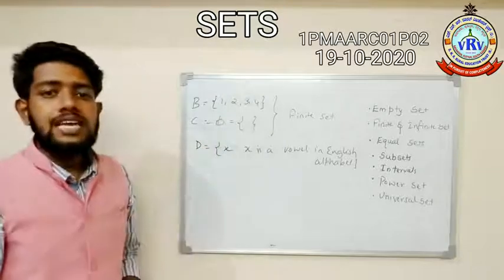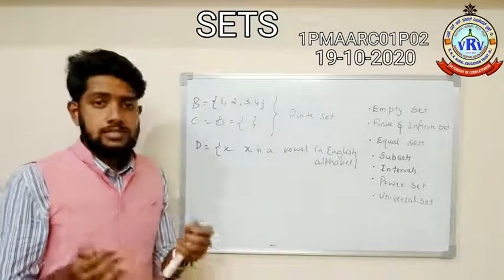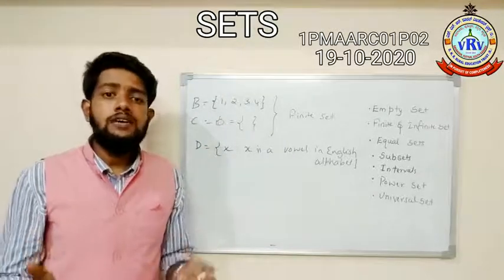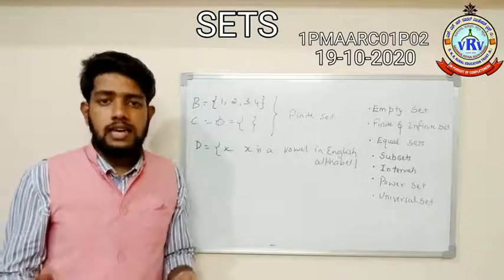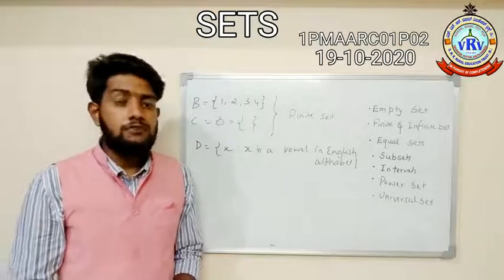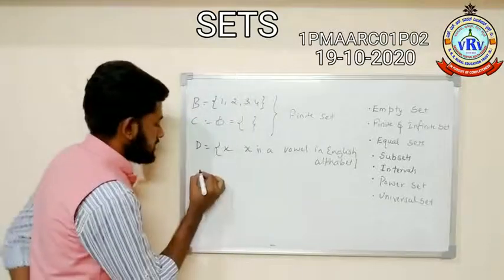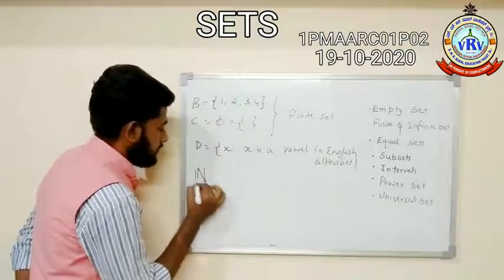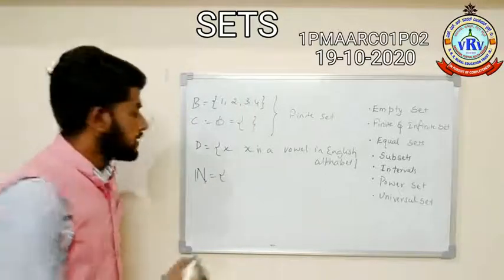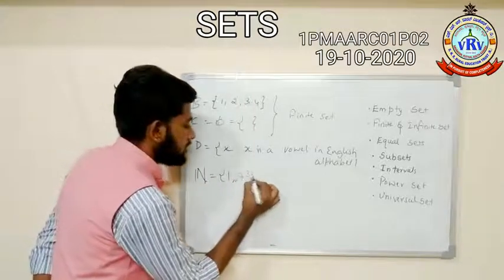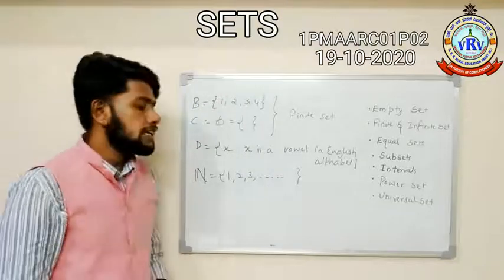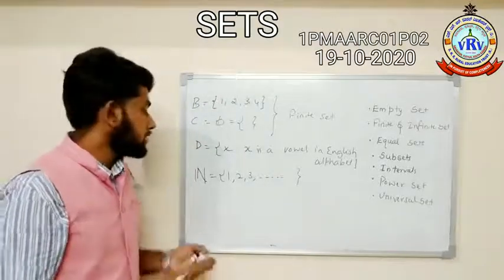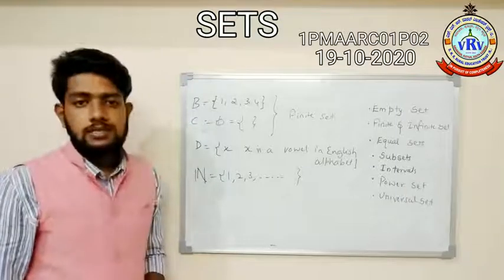So what do we mean by an infinite set? If a set contains infinitely many elements within it, then that set is known as an infinite set. Let me take the natural number set. Natural numbers contain 1, 2, 3, 4, and there are so many numbers involved in the natural number set.